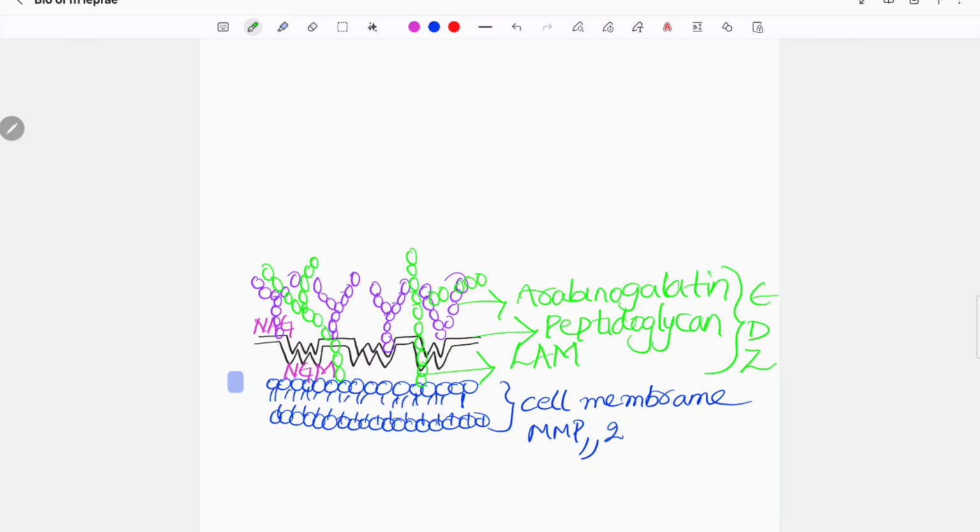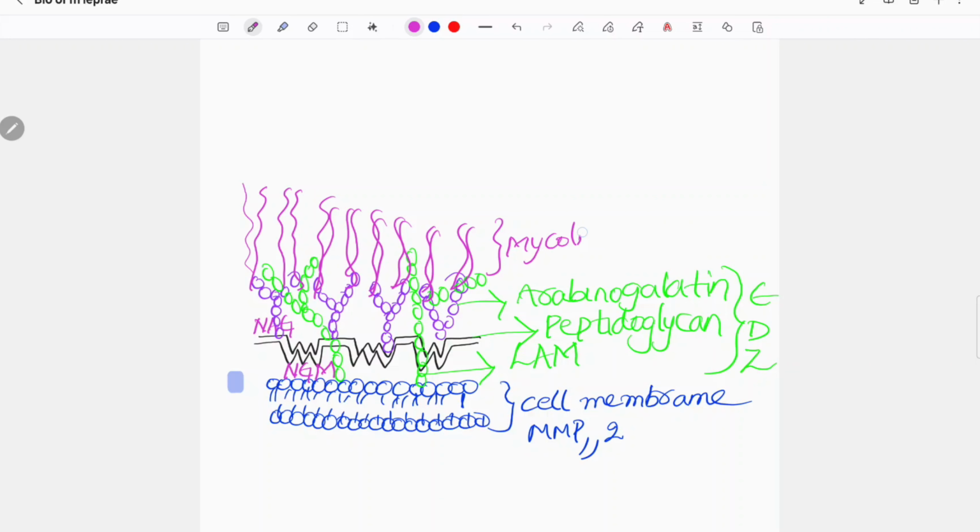Then what is above the electron dense zone? The electron transparent zone, which contains only two things. What I told: mycolic acid. Now I am drawing mycolic acid. It is attached to arabinogalactan.